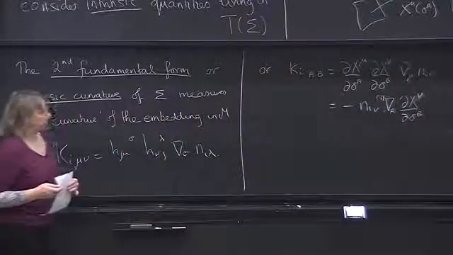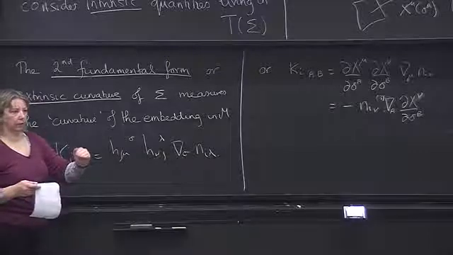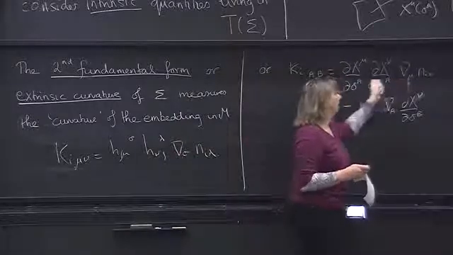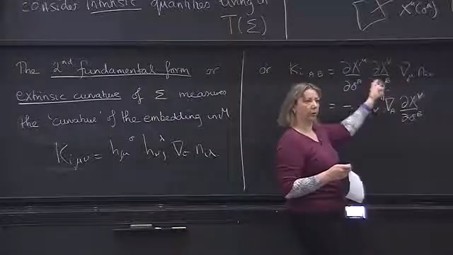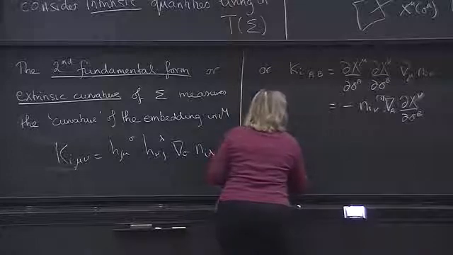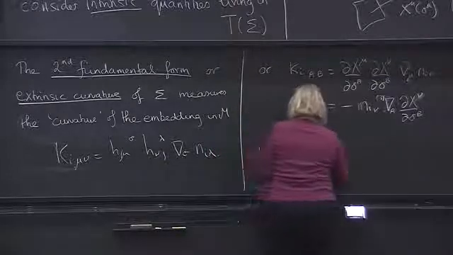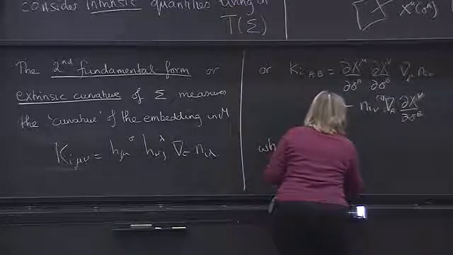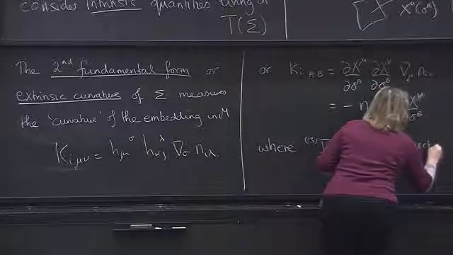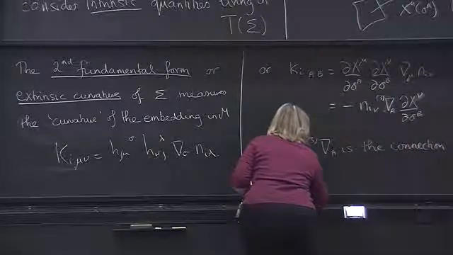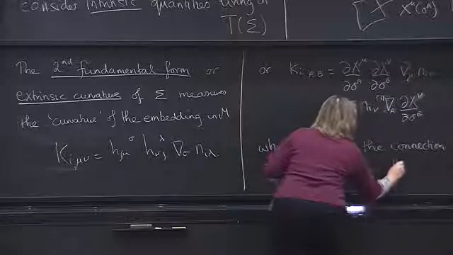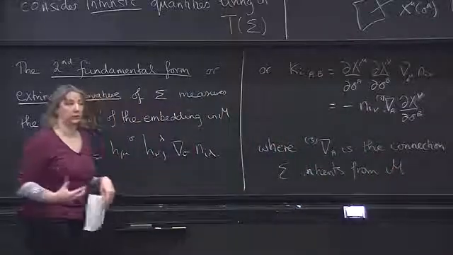So from the intrinsic expression, what I do is I take my covariant derivative of n, I project it down, but now I'm making use of the fact that n and this projection vector are orthogonal to swap what the grad is acting on, and this new covariant derivative is simply the connection that sigma inherits from M. So the tutorial today is going to explore some of these things a bit more explicitly.